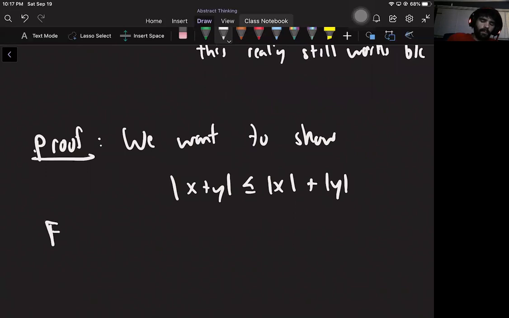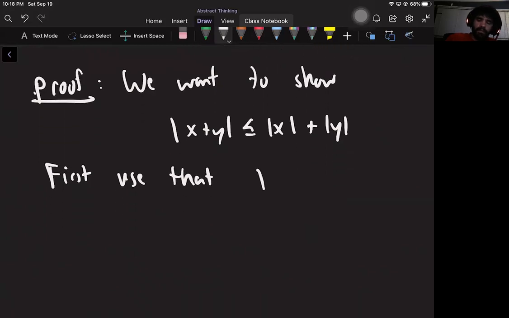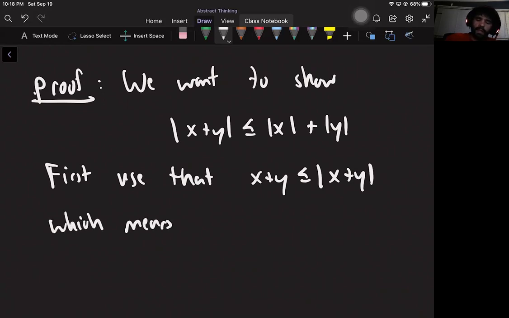So first, use that x plus y is just some number. It's always going to be less than or equal to its own absolute value. That's what we were saying earlier with the letter r. And that means I can trap it between something here. It's going to be very tricky.